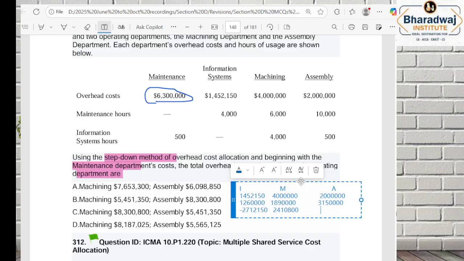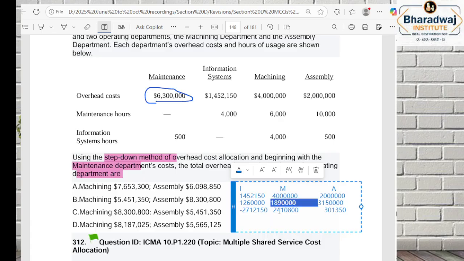The other one, 500 by 4,500. 30,350. So add up the total for machining and assembly.